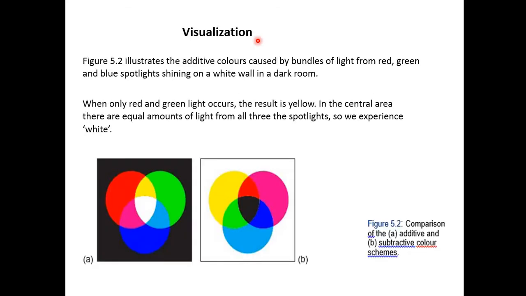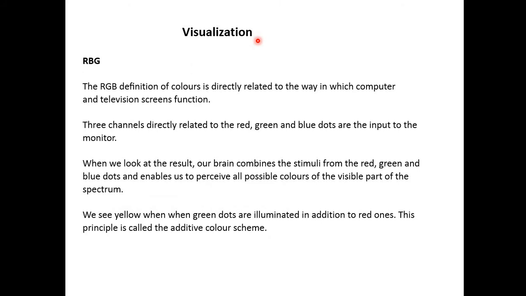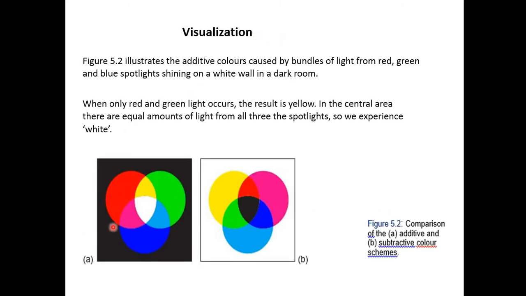So the first model is the red, blue and green model. We can see at this point that here we have red, here we have blue and here we have green. If equal percentage of green and red combine, then yellow color is produced. You can see the percent cover area of red and green is equal at this point, so here we will get yellow color.